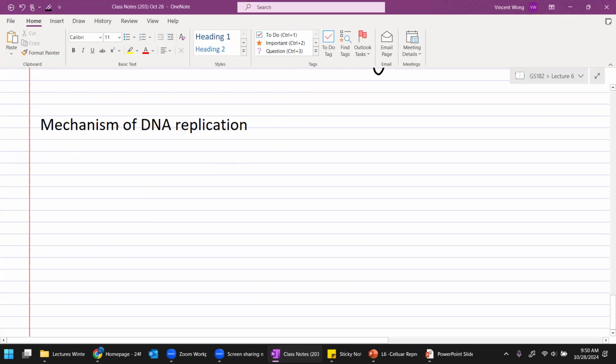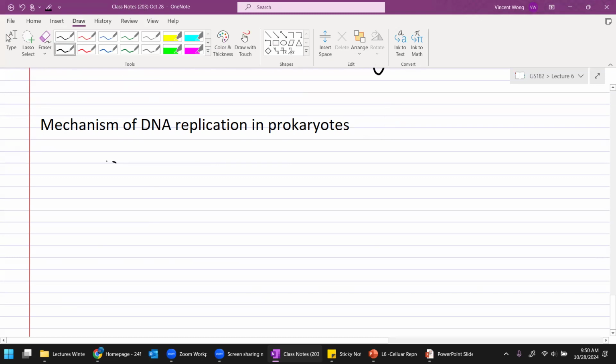So, mechanism of DNA replication in prokaryotes. We are eukaryotes, they are prokaryotes. So let's take a look at a bacterium, like an E. coli, like I said.